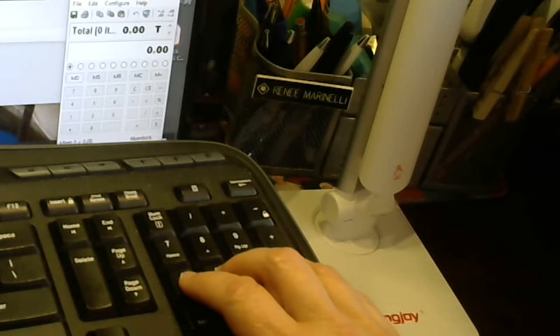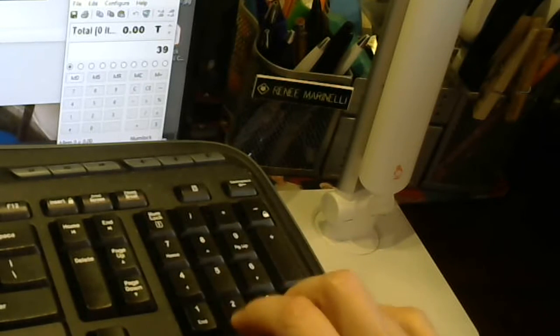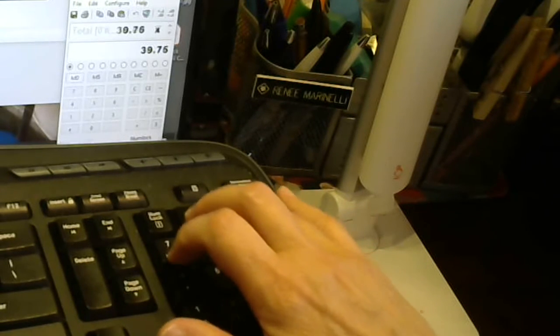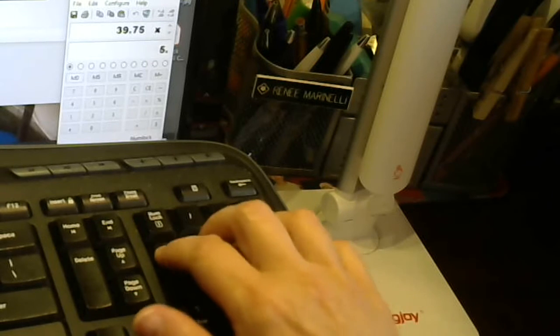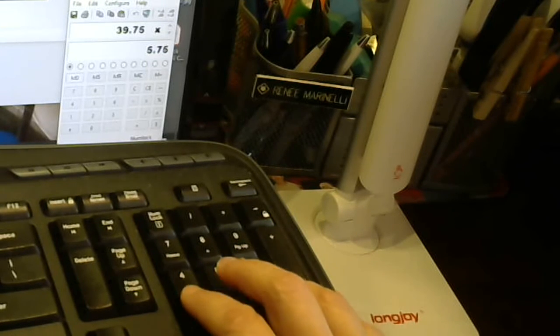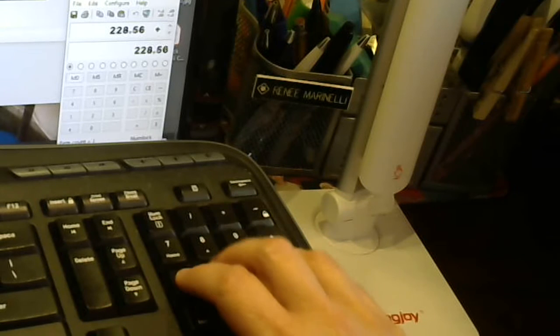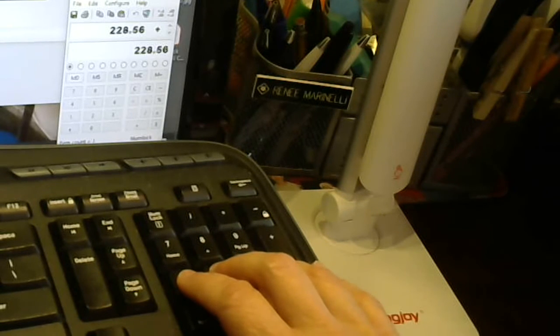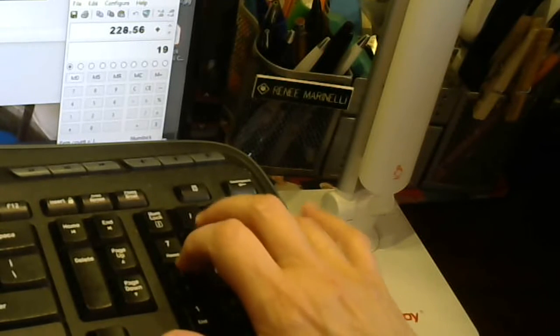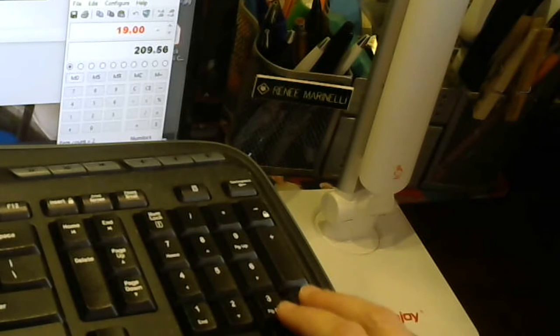So we're going to take the hours worked, 39.75, times the hourly rate, 5.75, equals gross pay. Bring that number back up into the tape as a plus, and then 19 are deductions, so minus.